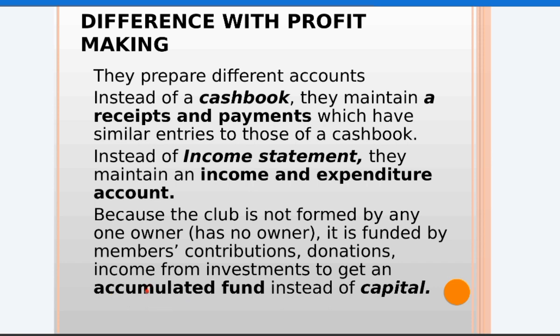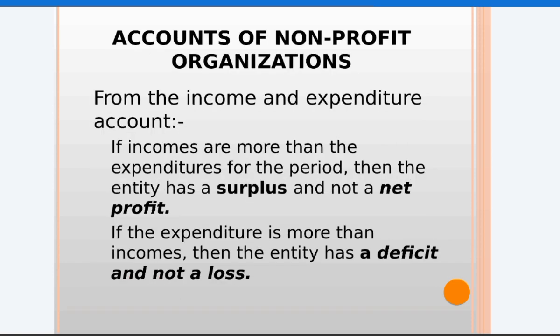In its place, they have an accumulated fund instead. Having said that, in the income and expenditure account, a profit-making entity will determine a profit or a loss.